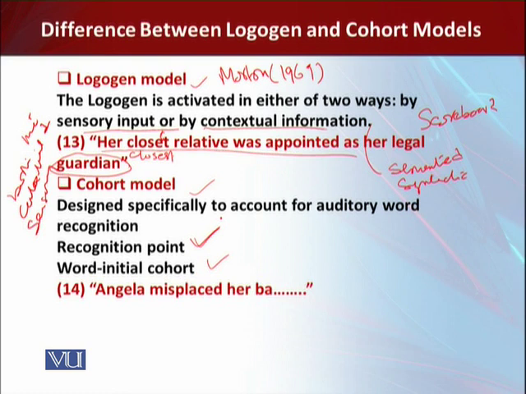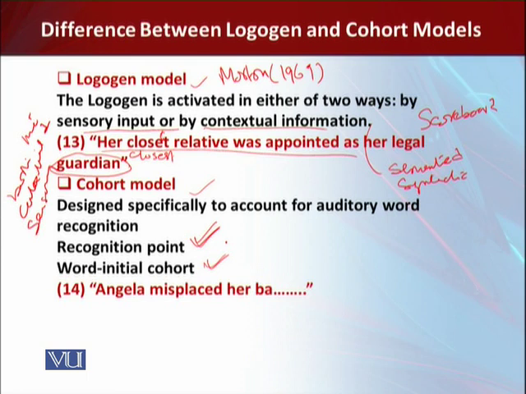Finally, the selected lexical item is integrated into the ongoing semantic and syntactic context. So first you have the recognition point, then you have the word-initial cohort, which leads to the further stage, which basically consists of the semantic and syntactic context.